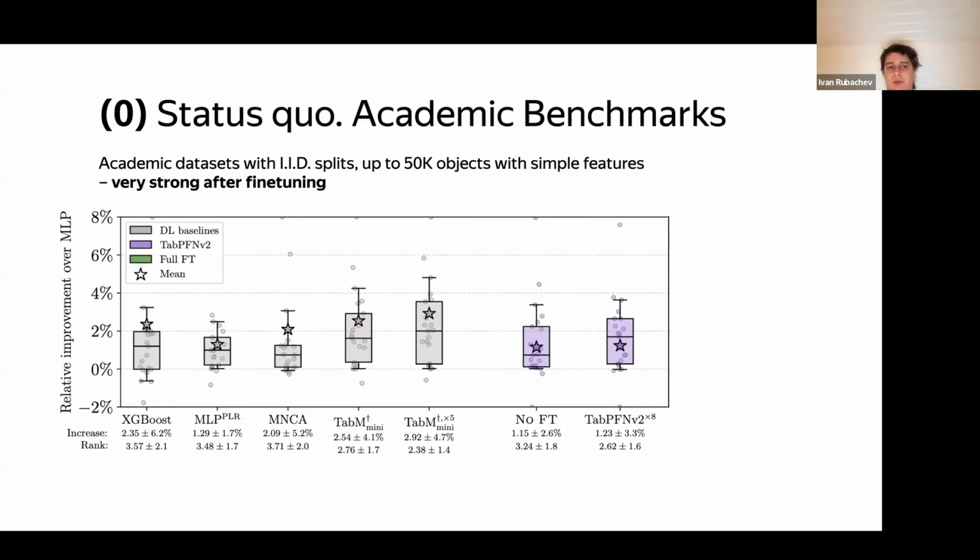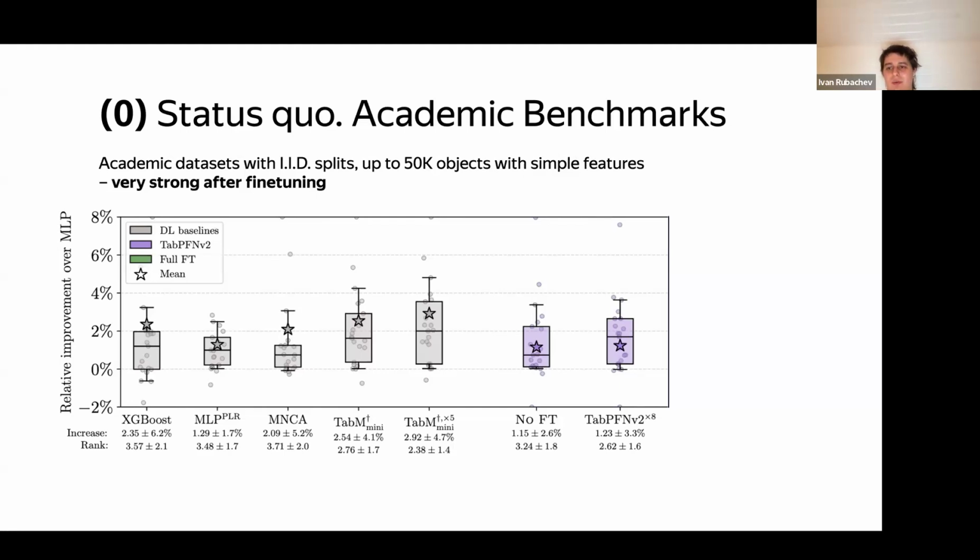Second point, we had our internal pipelines for tuning models, and we also had state-of-the-art deep learning baselines. For example, the TabM model, which is currently really popular in Kaggle competitions, and is a proud member of many winning competition ensembles nowadays.